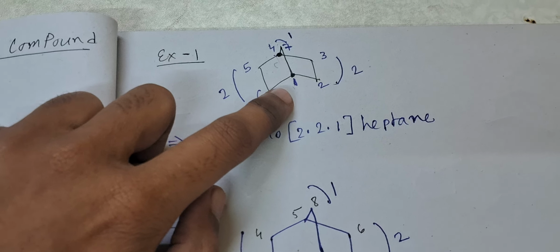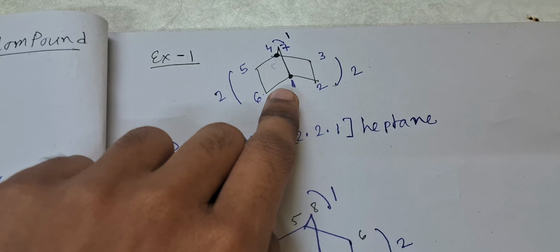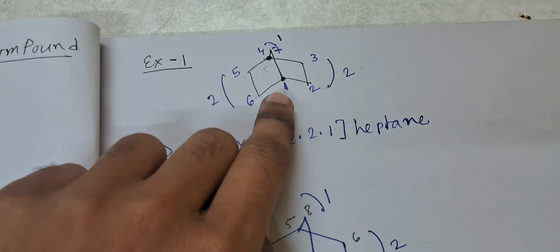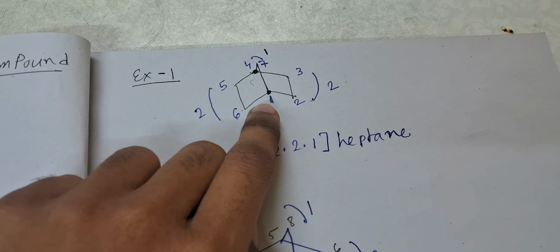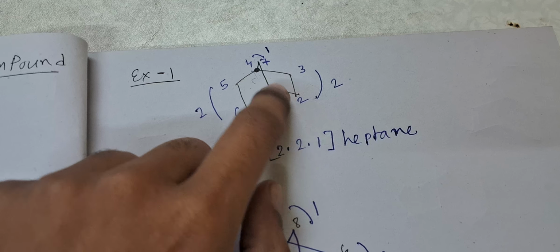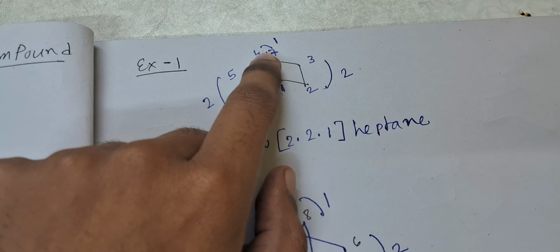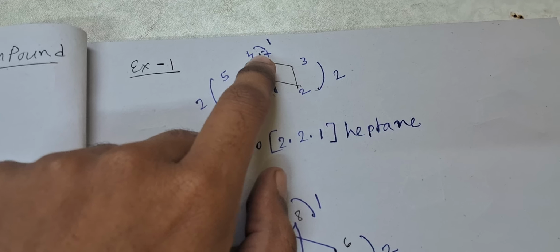So I have started numbering from right side. You can start numbering from left side as well, no issue about that. So 1 2 3 4 5 6 carbon atoms, and the residual carbon present here, which is 7, right?